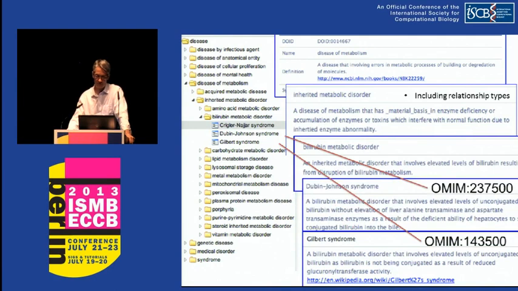In this case, we're going to look at bilirubin inherited diseases and two specific syndromes. And you'll notice with both of them, there's an OMIM term that's listed. And so a little bit later, I'll go through and show exactly what those OMIM terms are and how to walk between OMIM and HPO and then disease ontology.